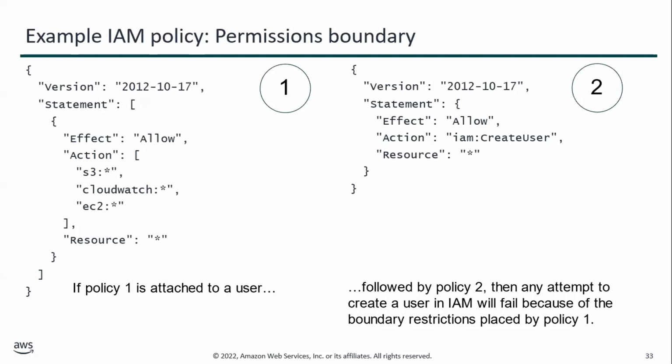A developer has a policy attached to a particular user, and now there is a second user who tries to make another user, or create another user. Whether the permission for the other user is available or not is what is required.